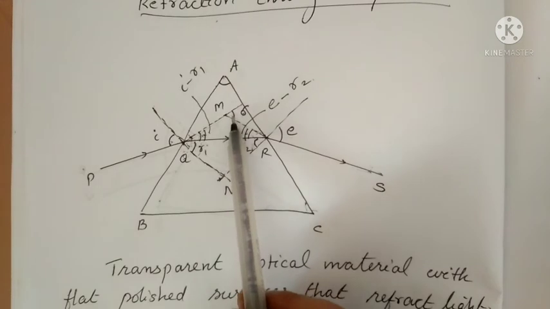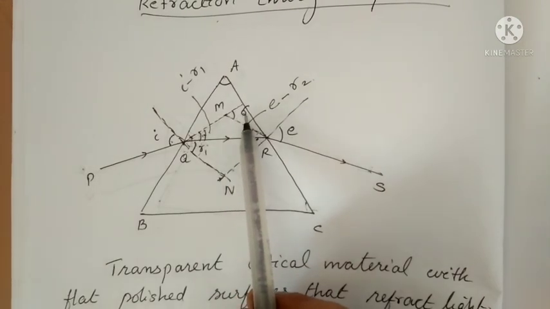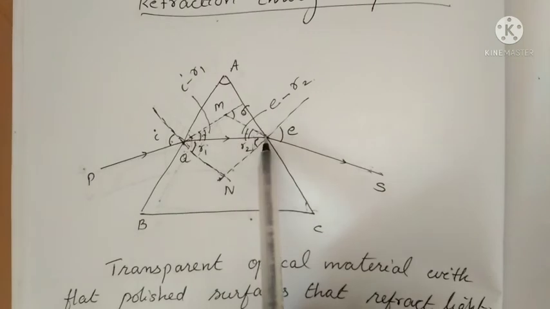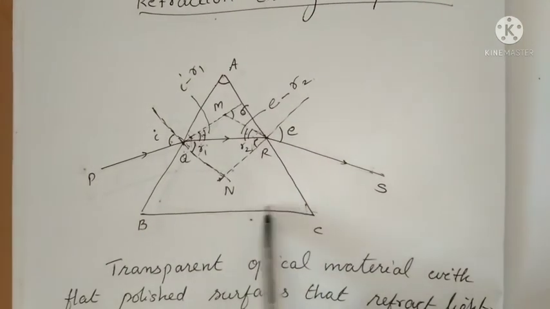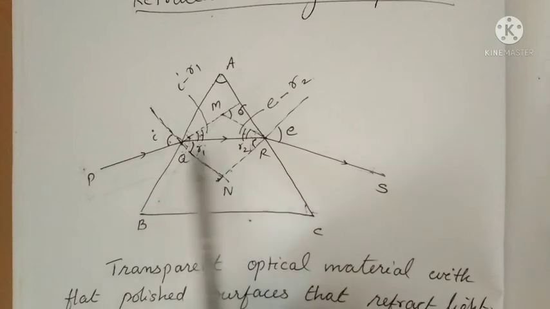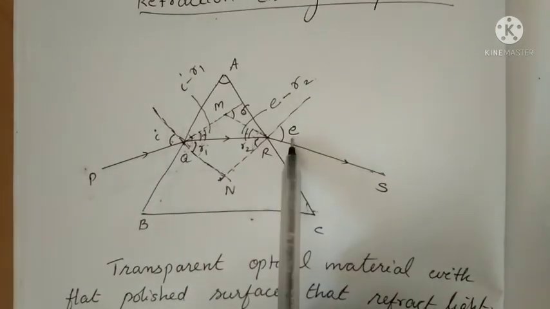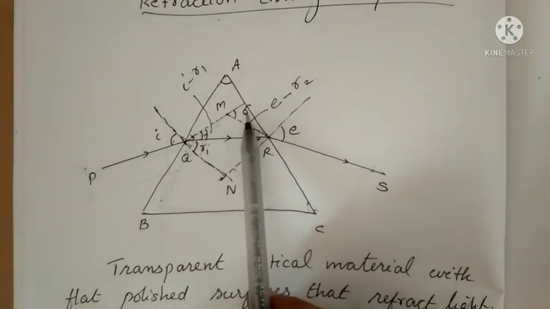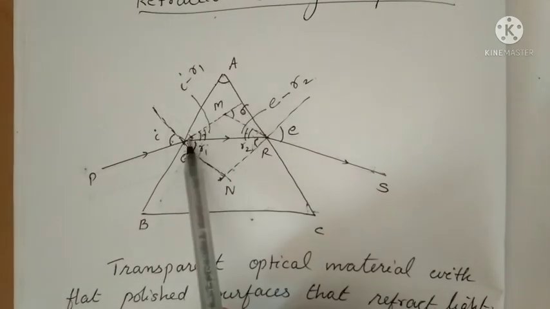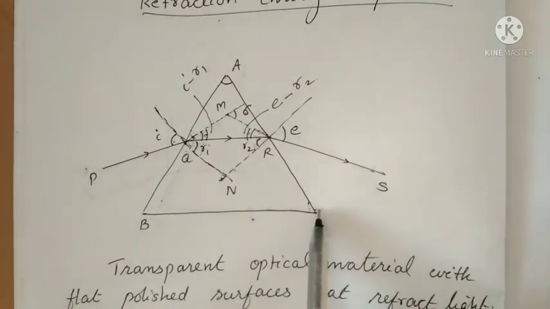That is, at the angle of minimum deviation, when delta becomes delta m, the refracted ray becomes parallel to the base of the prism. That time the angle of incidence is equal to the angle of emergence. So this is a very important point: at I equal to E, delta equal to delta m, and the refracted ray becomes parallel to the base of the prism.